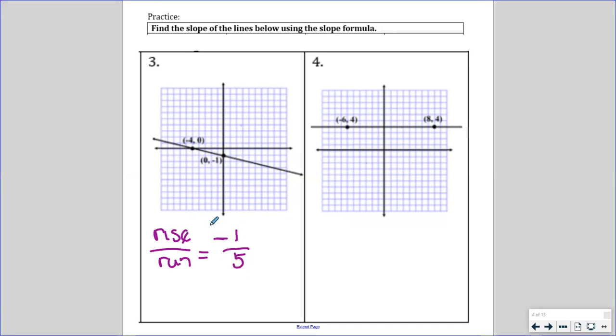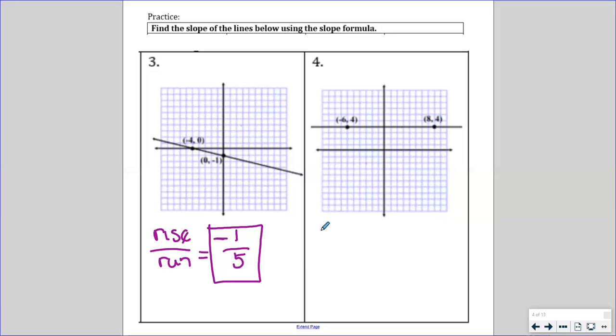So our slope is -1 over 5. Or if you were to put it in decimal, it would be -0.2, but when it comes to slope, leave it in a fraction. That's the best thing you could do.